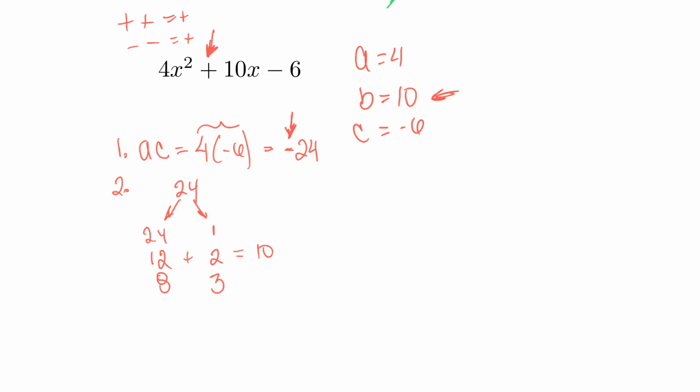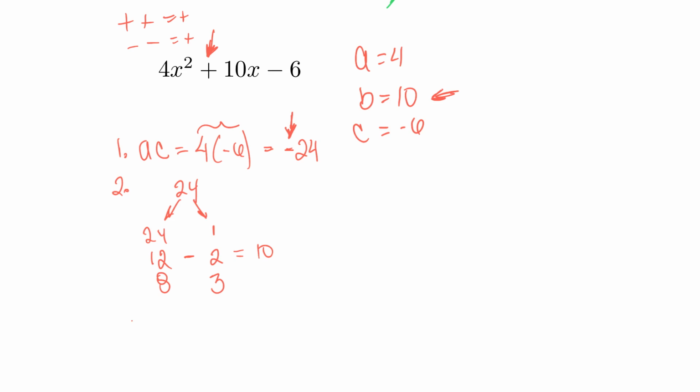For an addition or subtraction to be positive, the greatest number has to be positive, right? Or both of them have to be positive. In this case, we are subtracting, here it should be minus. Since we are subtracting, the greatest number has to be positive.